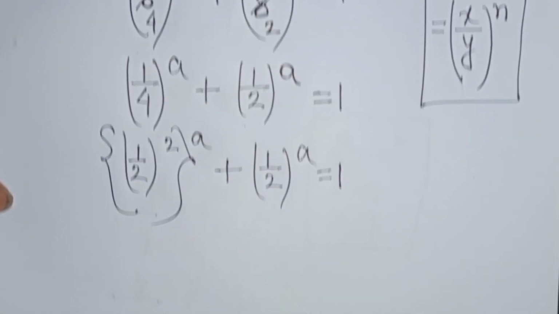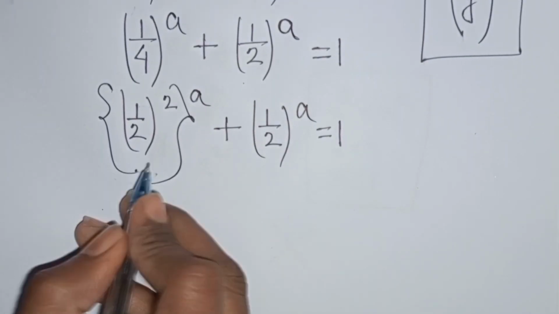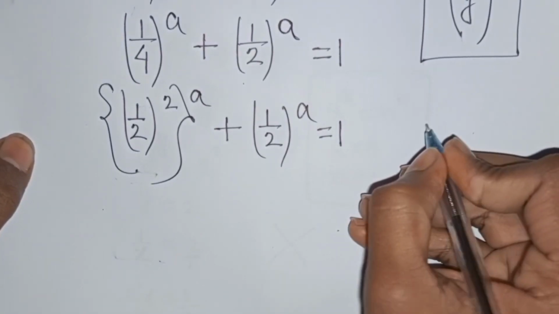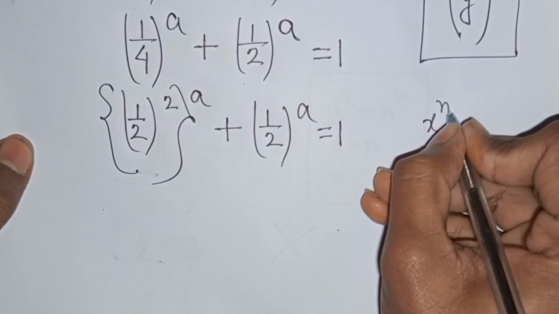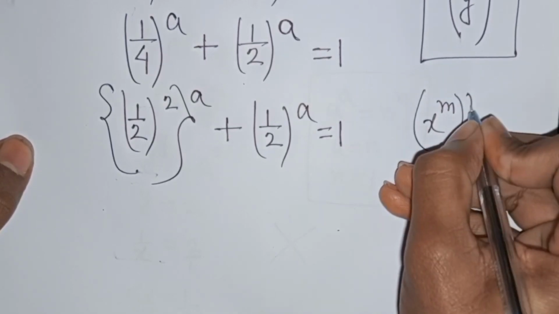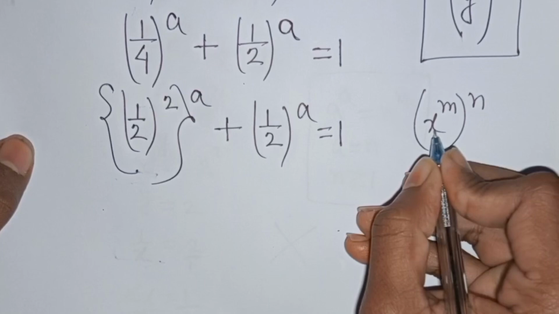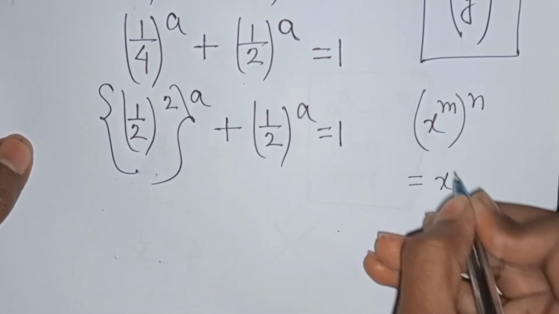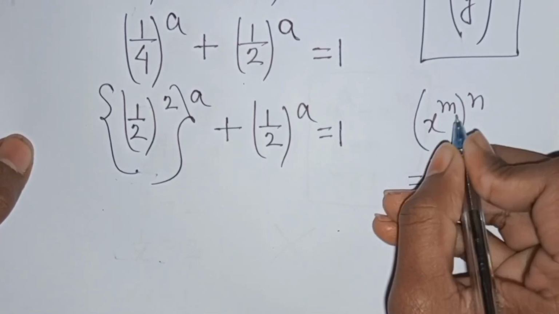Now here we can apply this exponential rule: x power m bracket power n is equal to x power n bracket power m.